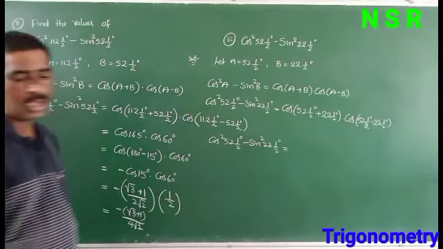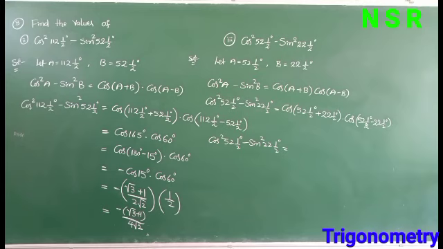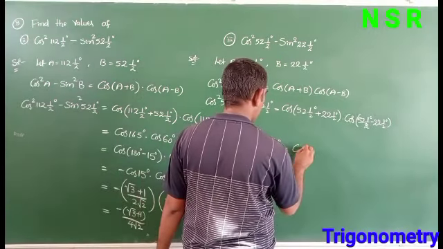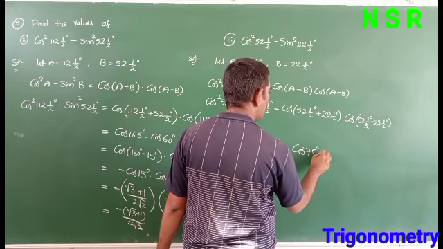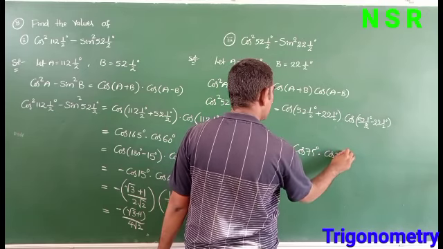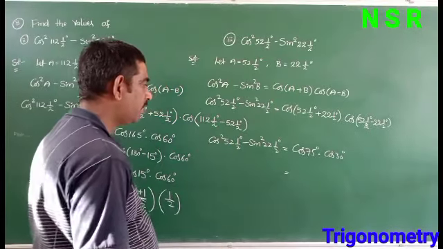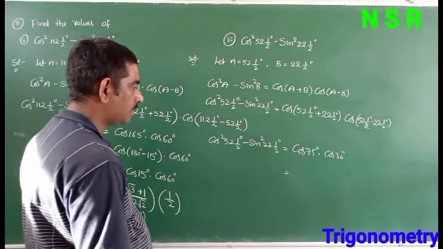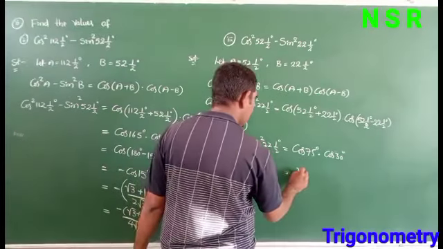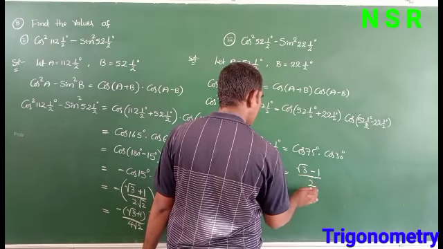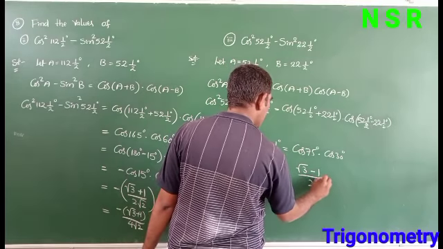Here also apply cos A plus B into cos A minus B. Now 52 plus 22 we get cos 75 into cos 30. Cos 75 is cos of 45 plus 30, so using cos A plus B we get the value root 3 minus 1 by 2 root 2.